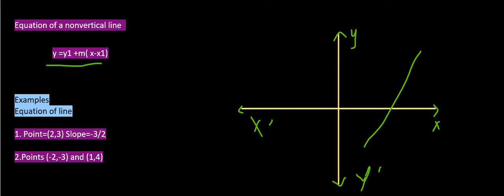We can simply say that it is our point A, and here lies our x1 and y1, and here lies our point P of a non-vertical line, and we give them the coordinate pair x2 and y2.